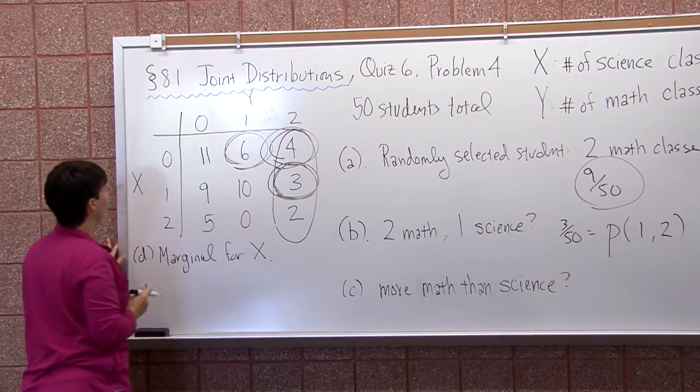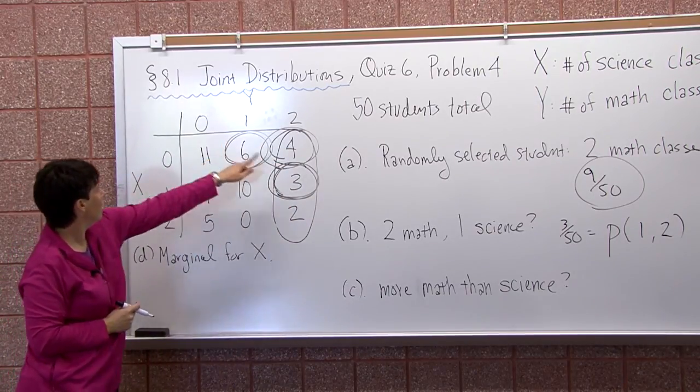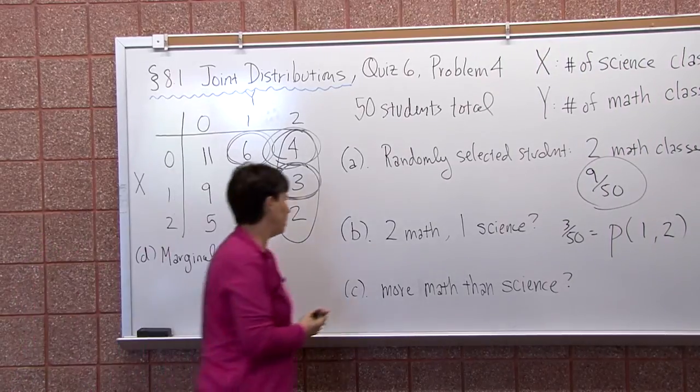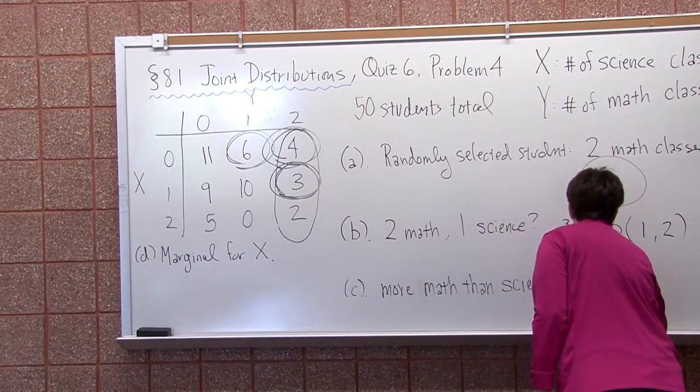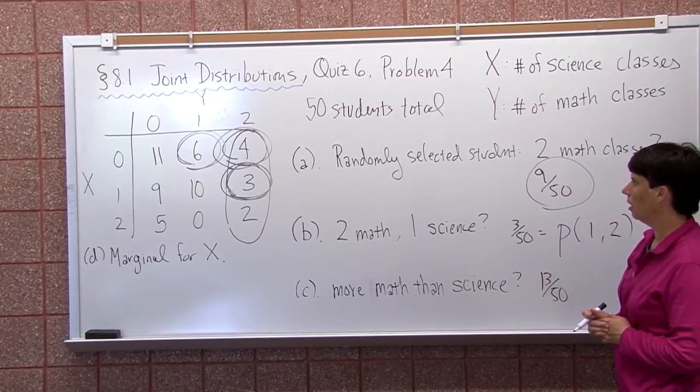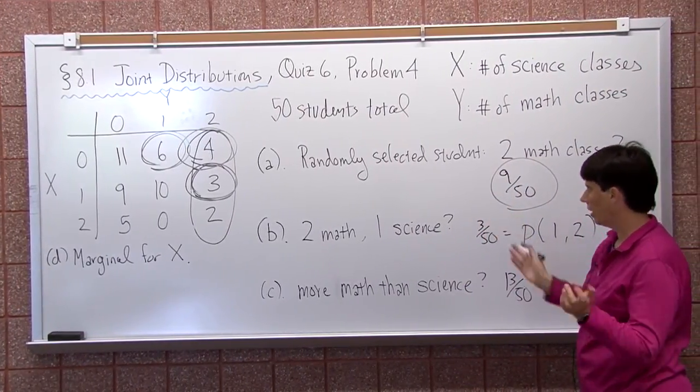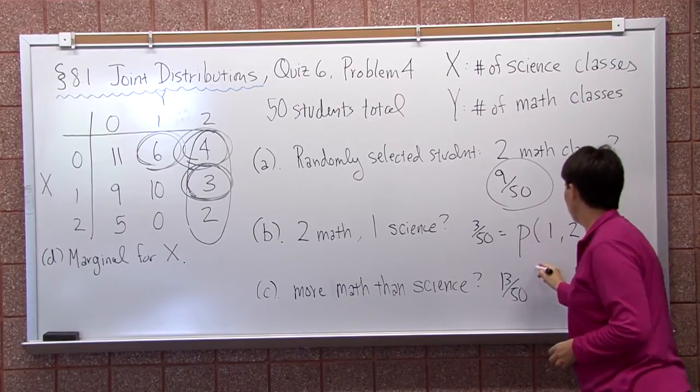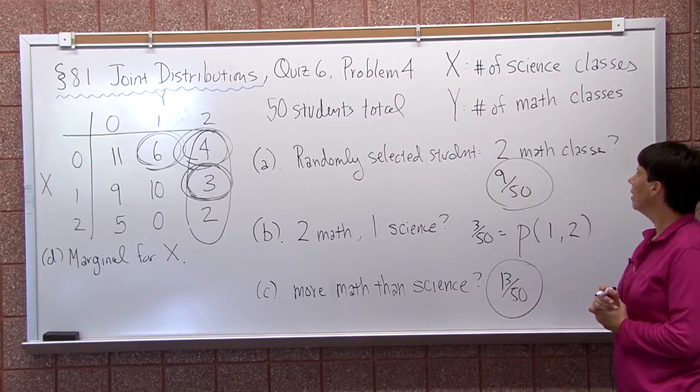Where Y is bigger than X, because the others are the same. So these 3 cases, so this would be 13 out of 50, right? I hope I'm not missing anybody. Yeah, so those are the 3 cases, so 13 out of 50.